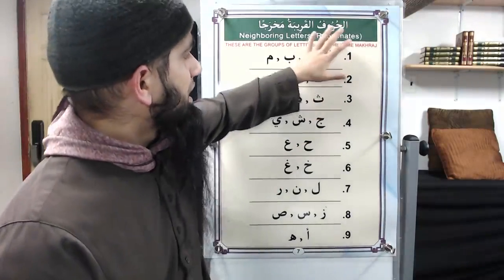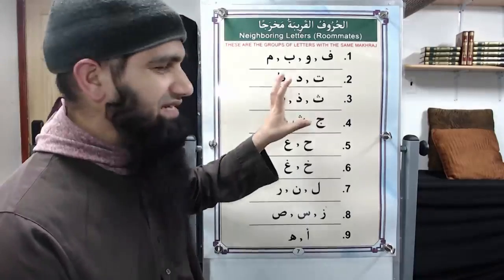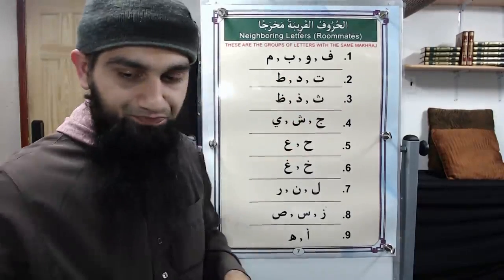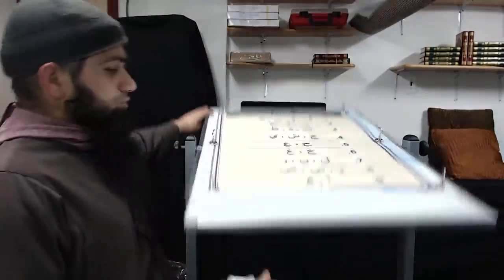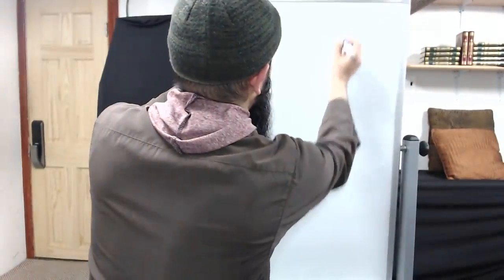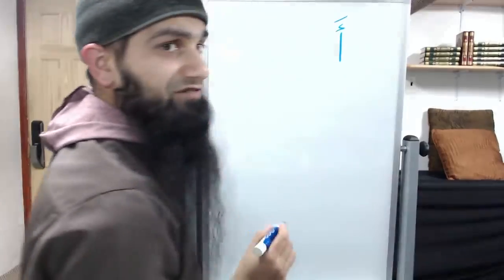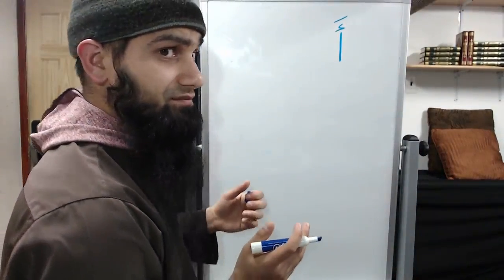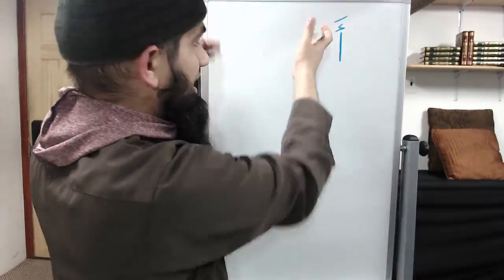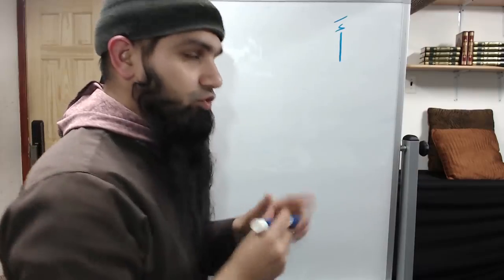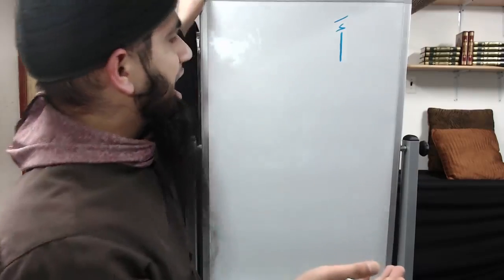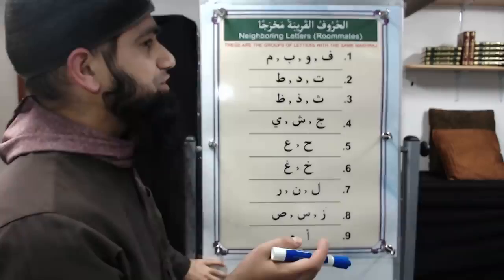So, to produce the sounds of these letters, what we are going to do is place Hamza Fatha before the letter, right? Hamza Fatha, which is A. So we're going to take the A sound and apply that to each of these letters.